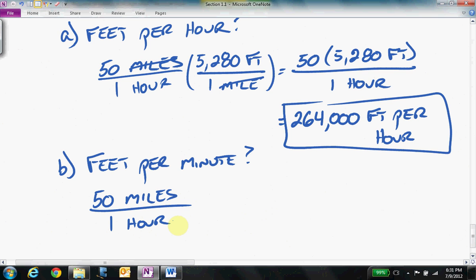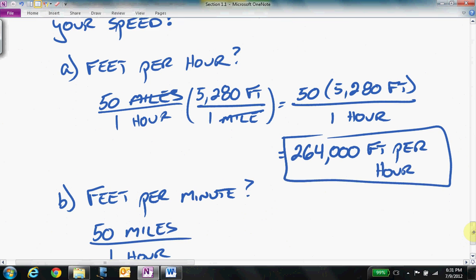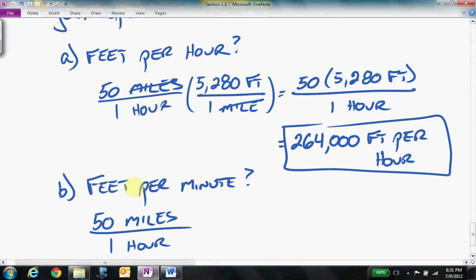We need to get from miles to feet, and also hours to minutes. Here we still had hours, so now we're converting both units, not just the one.